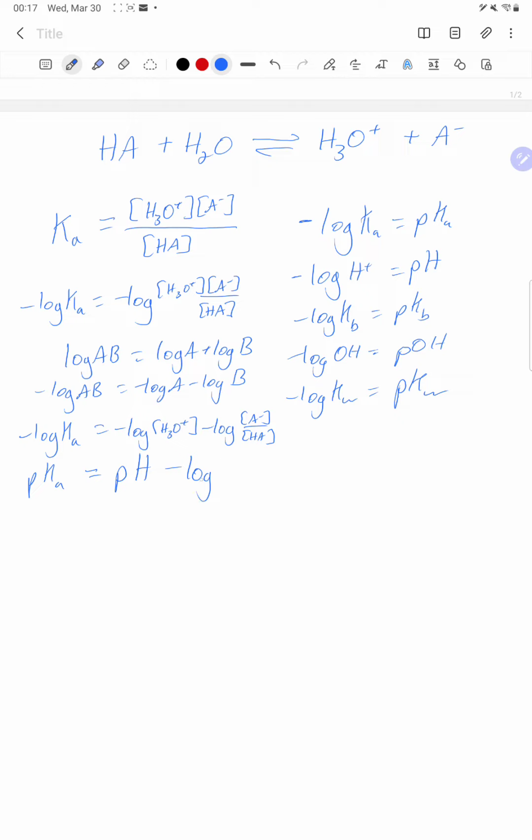And the last part just stays behind, A minus over HA. This is called the Henderson-Hasselbalch equation. Generally, when you see this expression, it will be written out as pH equals pKa plus the log of A minus over HA.